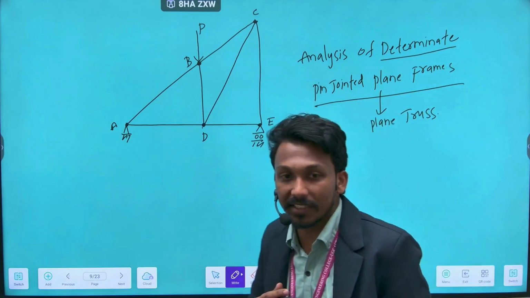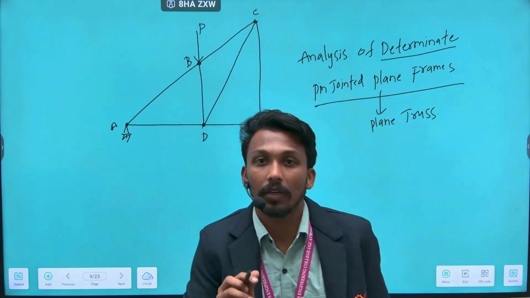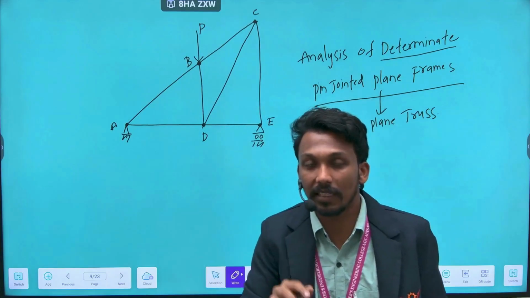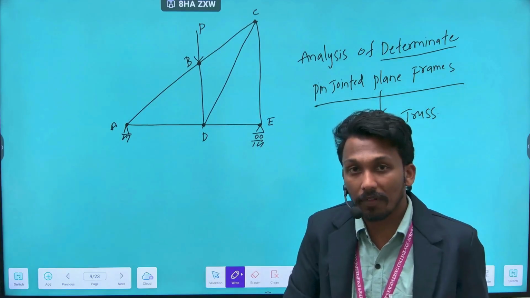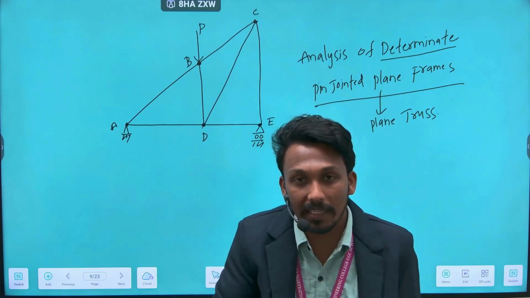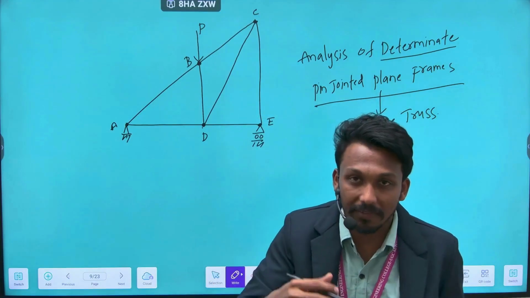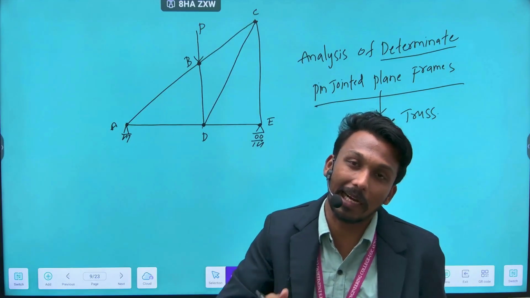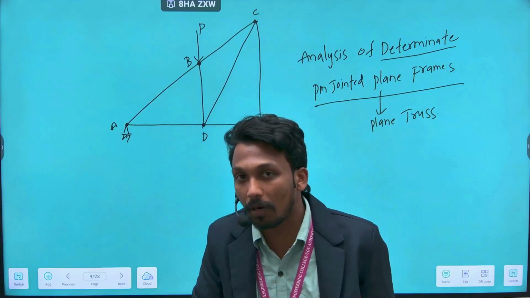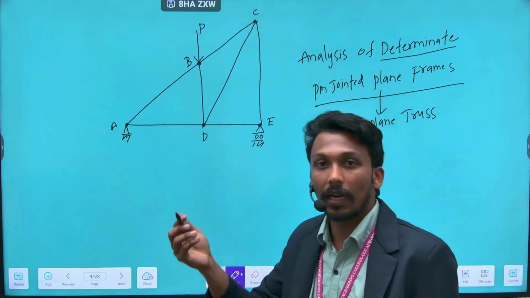What I have mentioned is that a determinate structure is the one in which the number of unknown forces is equal to the number of equilibrium equations. In short, if we are able to calculate all the unknown forces with the help of equilibrium equations alone, then the structure is called a determinate structure.